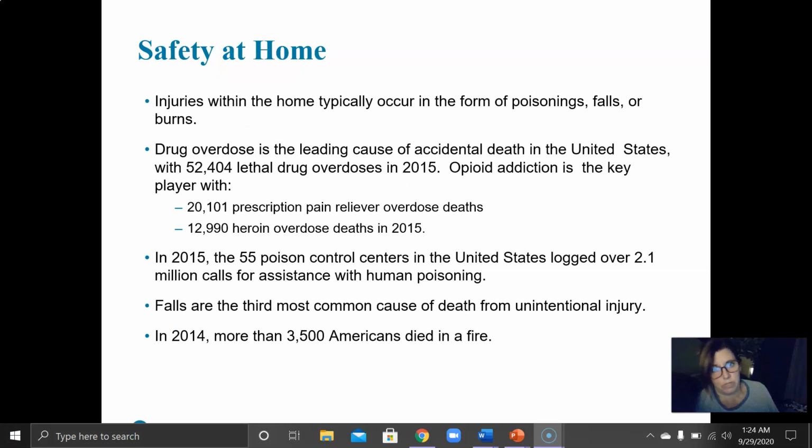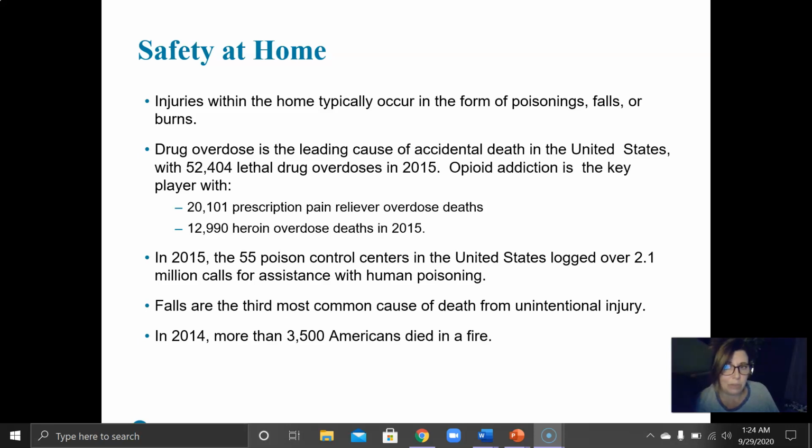Injuries within the home typically occur in the form of poisonings, falls, or burns. A poison is any substance that is harmful to your body when ingested, inhaled, injected, or absorbed through the skin. Drug overdose is the leading cause of accidental death in the United States, with over 52,000 legal drug overdoses in 2015.